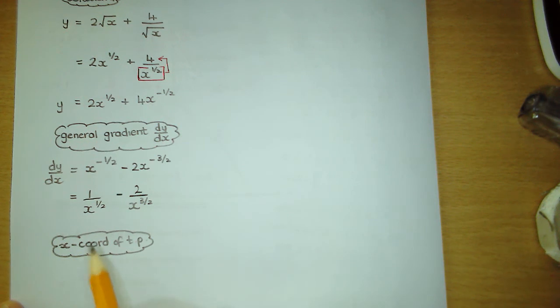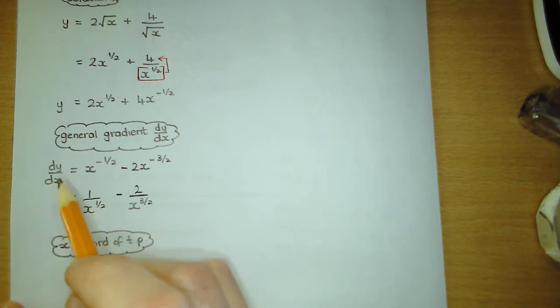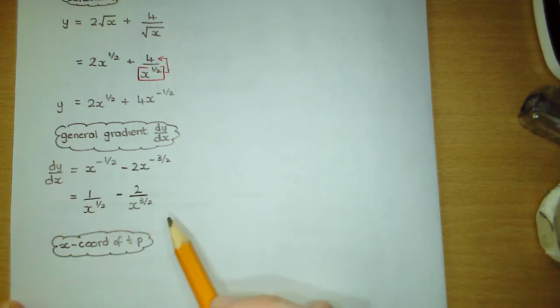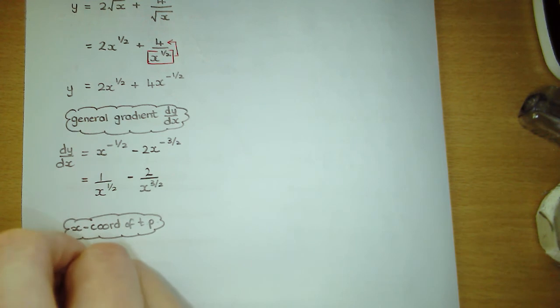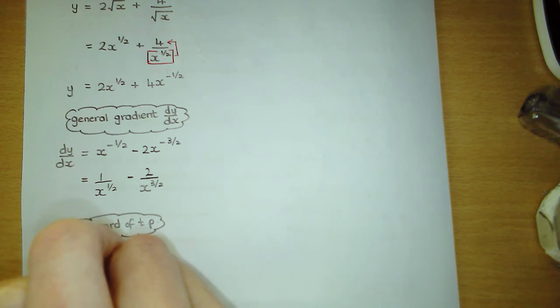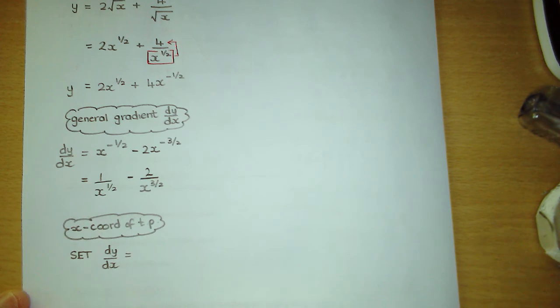So we're going to set the general gradient, dy by dx, equal to the actual gradient at the turning point, which is 0. So we've got 1 over x to the power of a half minus 2 over x to the power 3 over 2, and that's equal to 0.